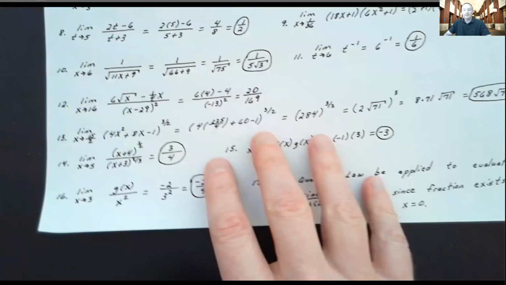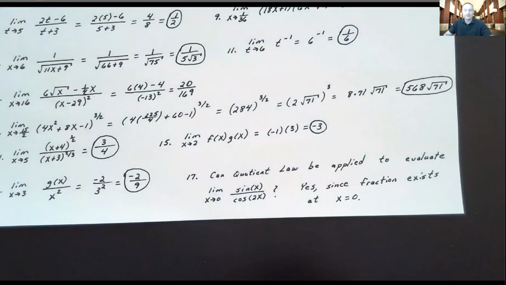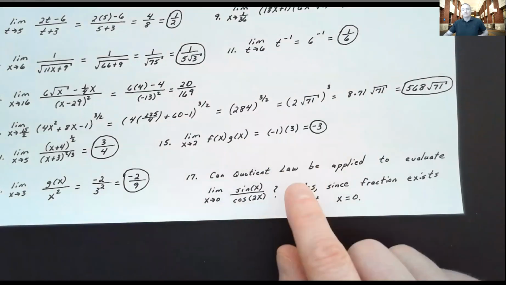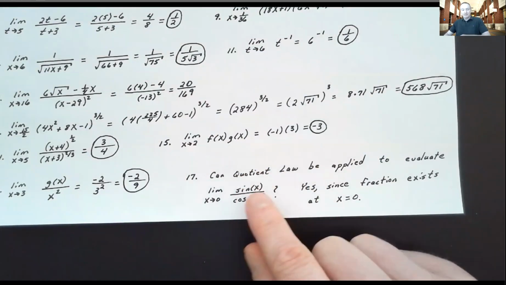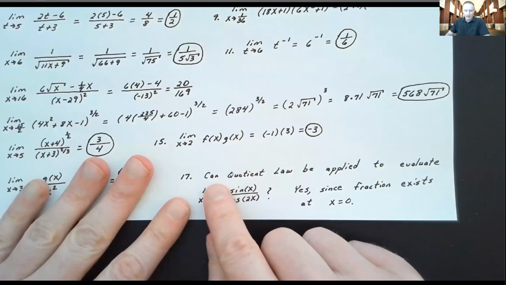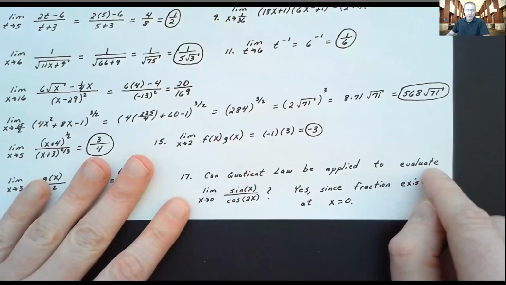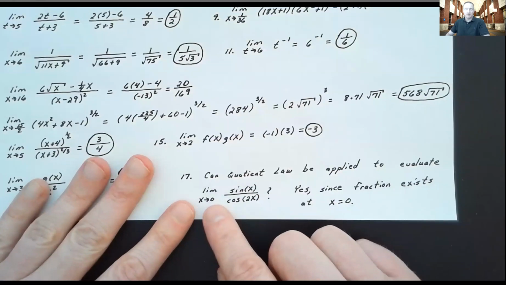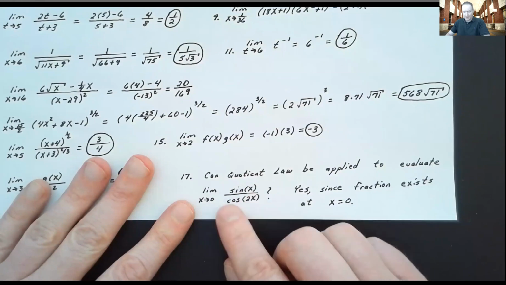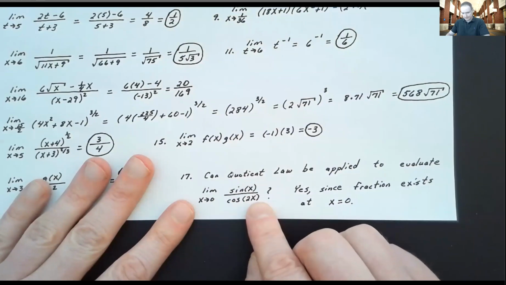Now, the last question it basically asks, I believe, a yes or no question. I'll go to it in a minute. But it's asking us something similar to, can the quotient law be applied to evaluate the fractional function, the limit as x approaches 0 of the sine of x over the cosine of 2x?